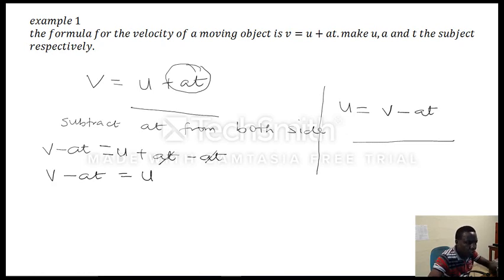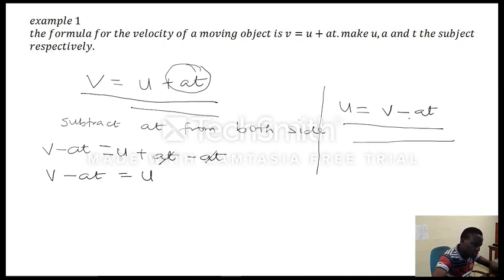So I'm going to make a the subject of the formula. You can either go back to this equation to make a the subject of the formula, or from that which you have gotten, the equation that says u is equal to v minus at, you can use either of both to make a the subject of the formula.